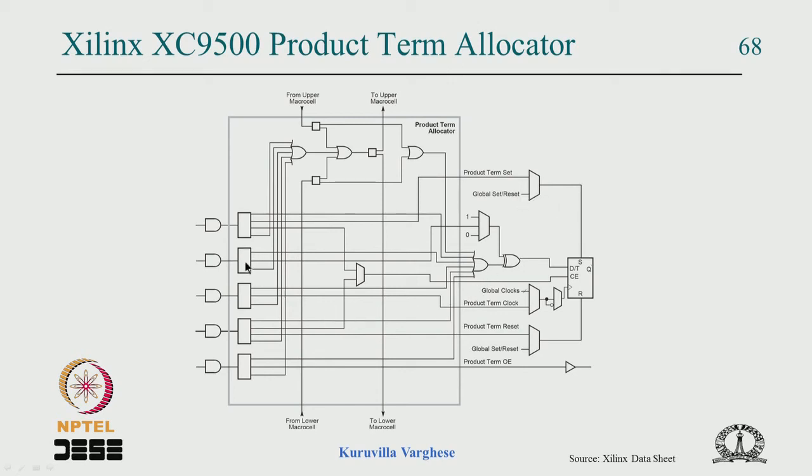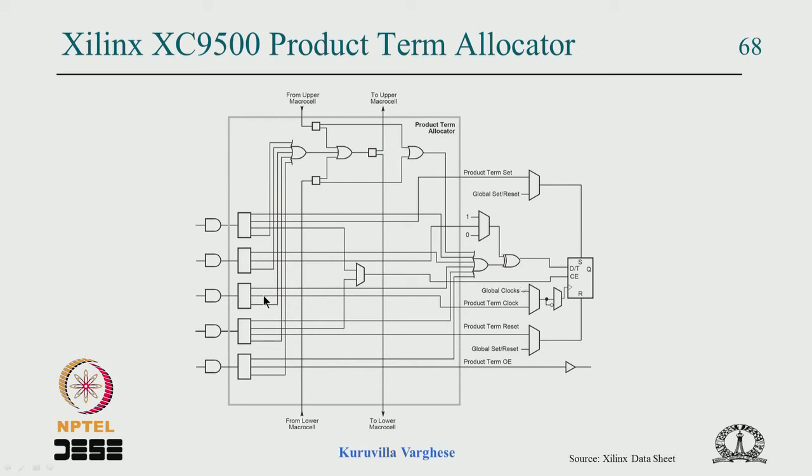Similarly, take this product term, it can be used with the OR gate, or as an input of the XOR gate. One input of the XOR gate itself can come from a product term. It can be permanently 1 by inverting the signal, or 0 by letting it through.